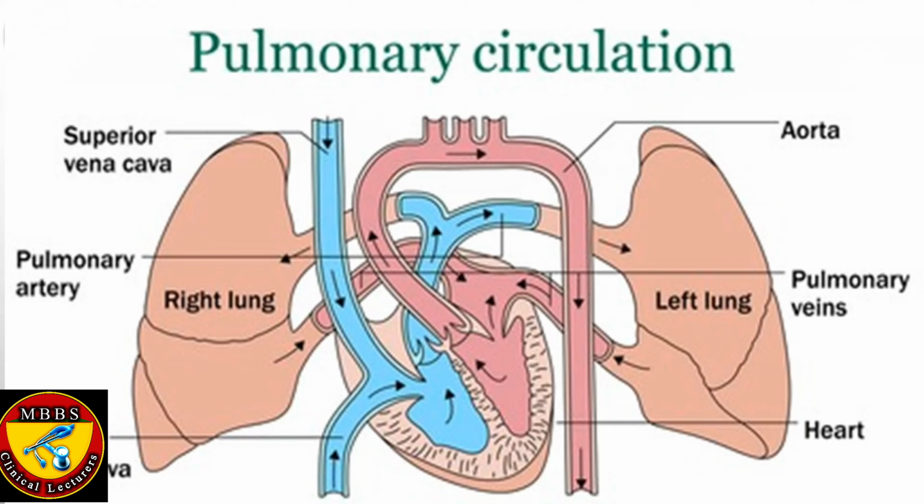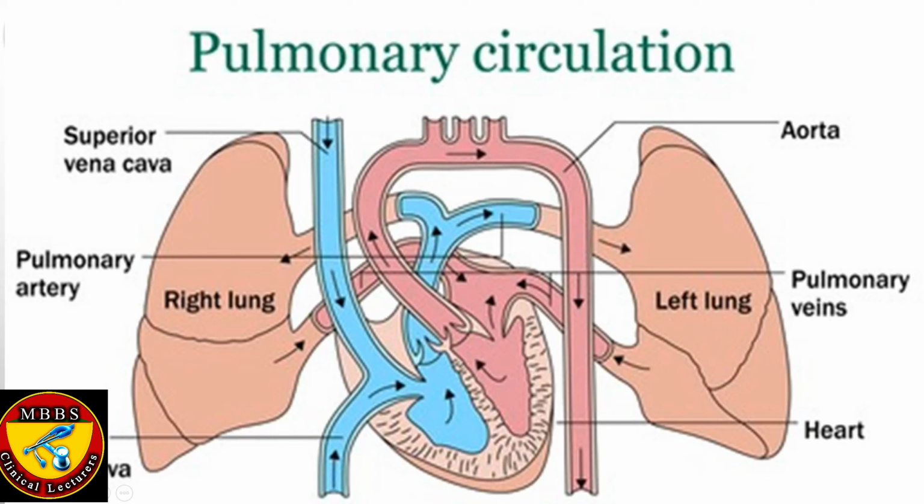Before we proceed to the pathophysiology of pulmonary embolism, let us revise the normal anatomy of pulmonary circulation. This is very important to remember. As you have studied in your first year and second year, this is the right side of the heart and this is the left side of the heart.